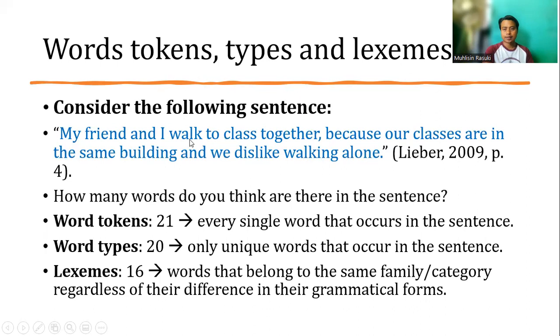You may consider them the same lexical item, different only in terms of grammatical form. The first is the infinitive, and the second is the progressive form, right? But you may consider it as one lexical item. So if you consider lexical items in counting the number of words, then your answer will be 16. All right.